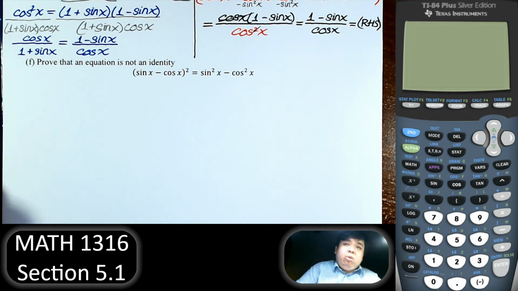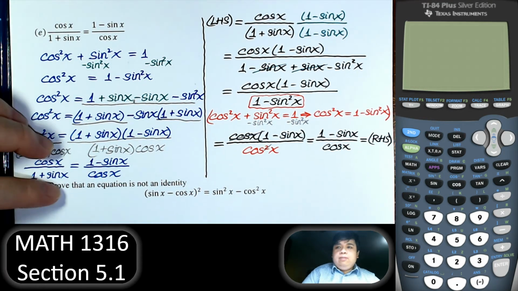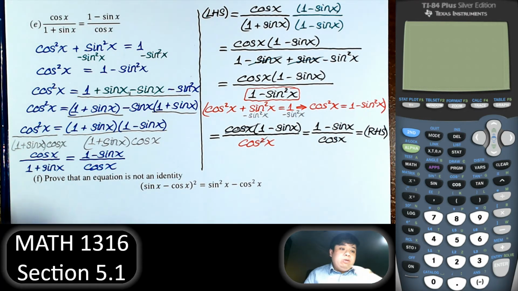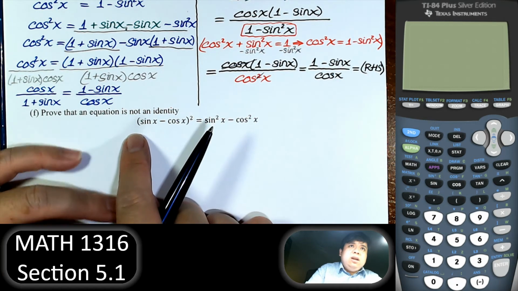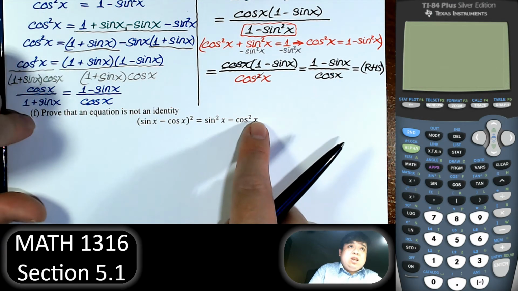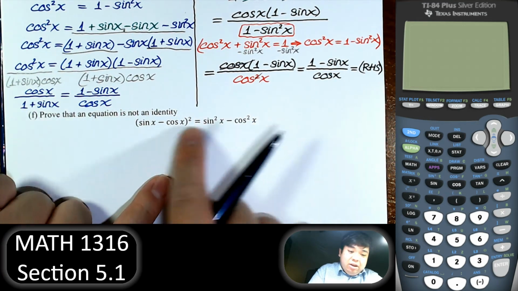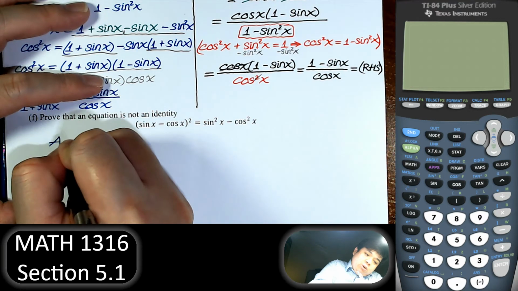So how we disprove it is a lot easier. Just find a counter example and that will be it. Or another way to disprove an identity is we try to go from the identity and then go to something that is not true. Right. So that is also the way to do that. So we assume that it is true. By the way, we prove that this is not an identity, meaning that it is not true. So the way we do that is assuming that it is true.